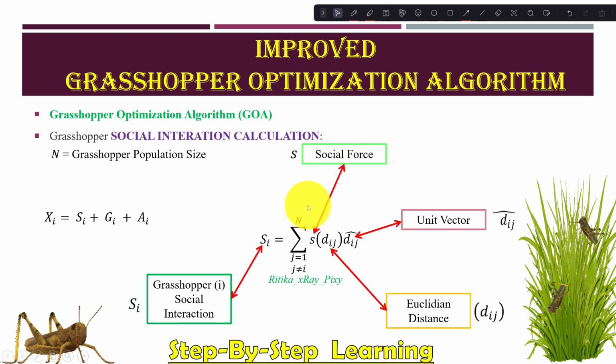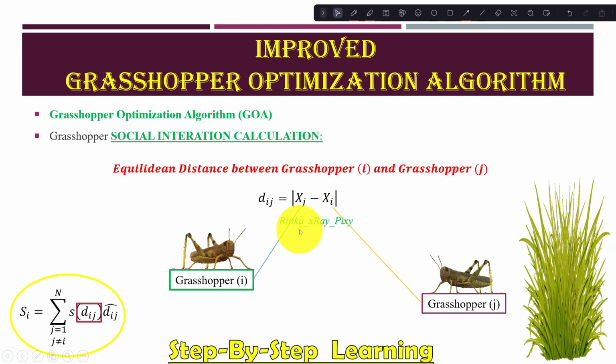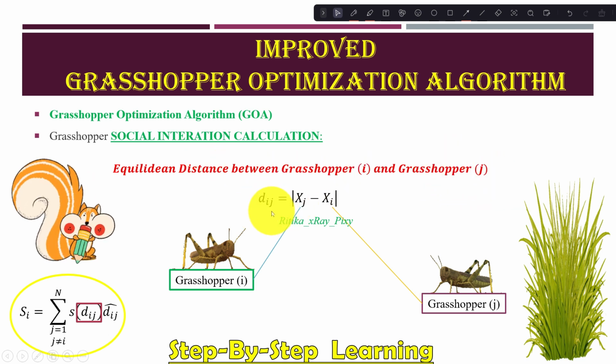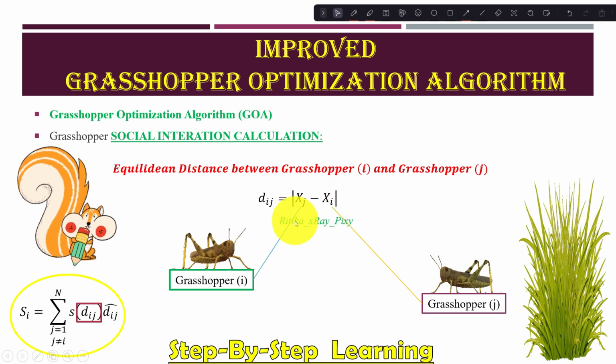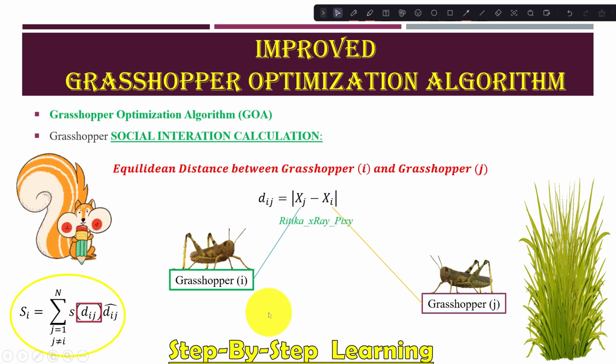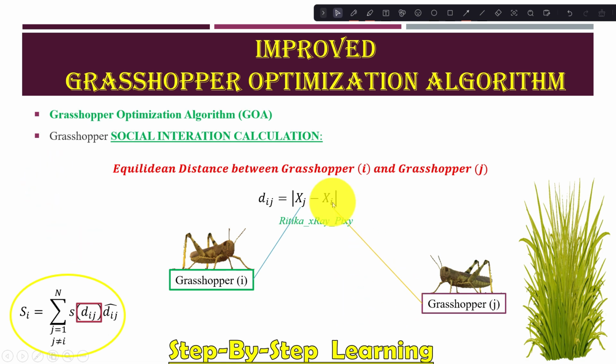Now one by one we will calculate the values for social force, unit vector, and Euclidean distance. So the Euclidean distance between grasshopper i and grasshopper j is calculated as xj minus xi, xj that is the jth grasshopper minus xi that is the ith grasshopper.